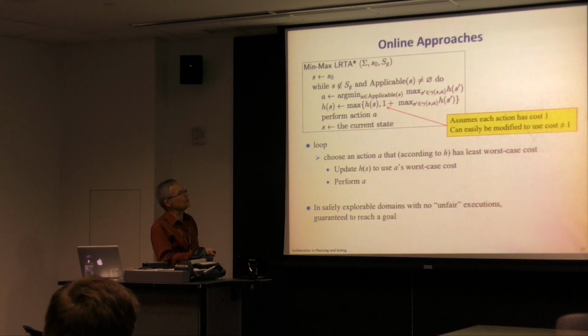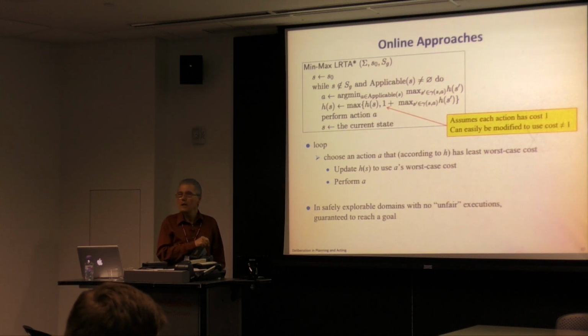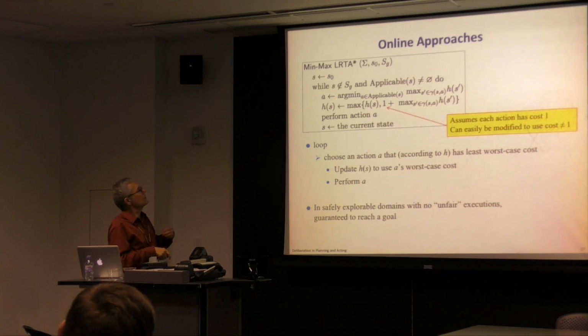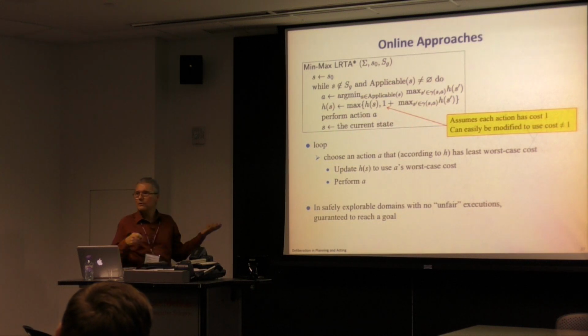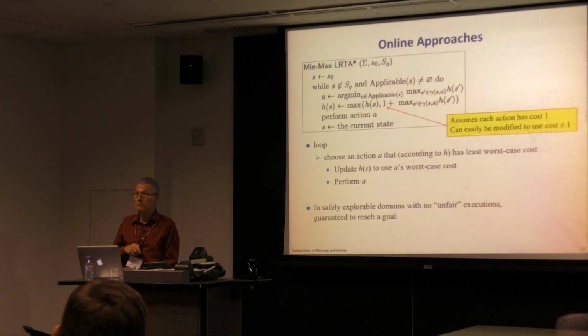Here we're assuming that each action has a cost of 1, so this would be the cost of that action plus the worst case heuristic value of where it takes you. So you can simply go around your domain, choosing an action that has the least worst case cost, updating the heuristic function to use that, performing the actions, in a safely explorable domain in which there are no unfair executions, and that's guaranteed to reach a goal.